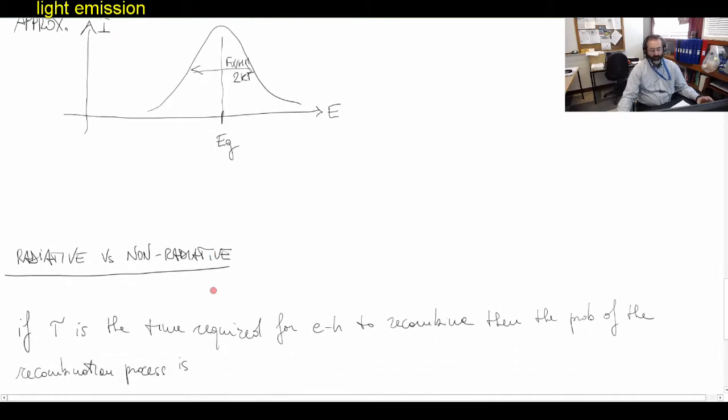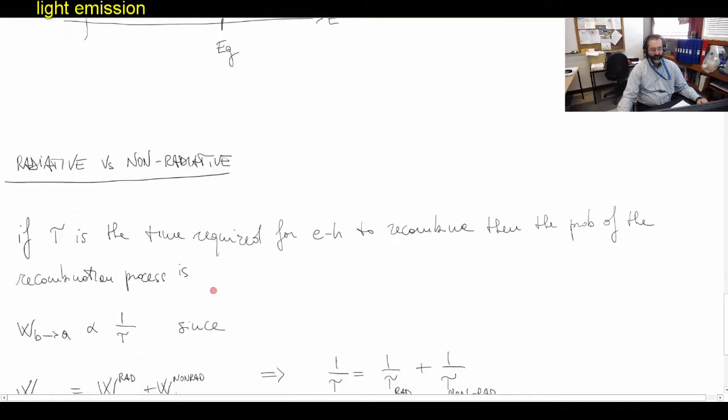And to conclude this part regarding light emission, we have said that recombination can be radiative in the case of direct recombination, but can be also non-radiative.